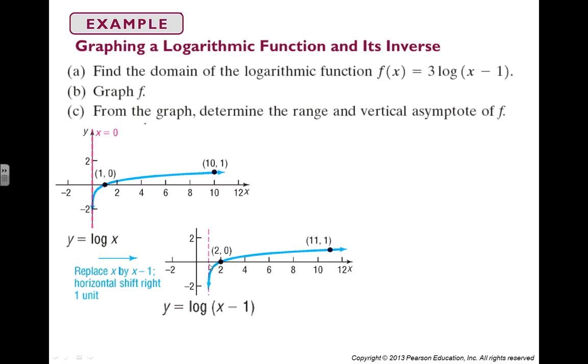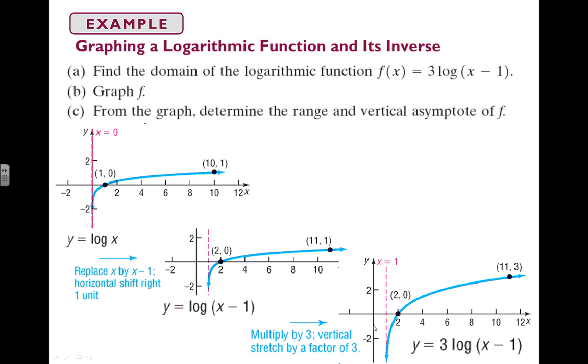So our vertical asymptote is going to shift to the right 1 and become x equals 1. It's going to be our new vertical asymptote. And it's going to have a stretch of 3, so it's going to get taller. That's exciting.